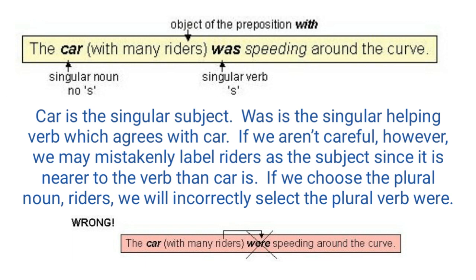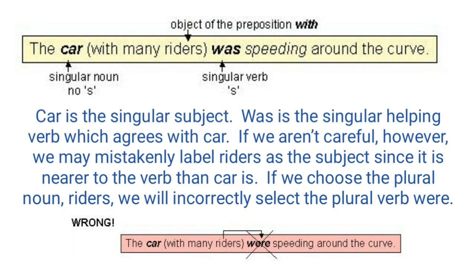What is speeding really? Are the riders speeding or the car? The car, isn't it? So the car is singular, and that's why we should use the verb also in its singular form, was. Car is the singular subject. Was is the singular helping verb which agrees with car.